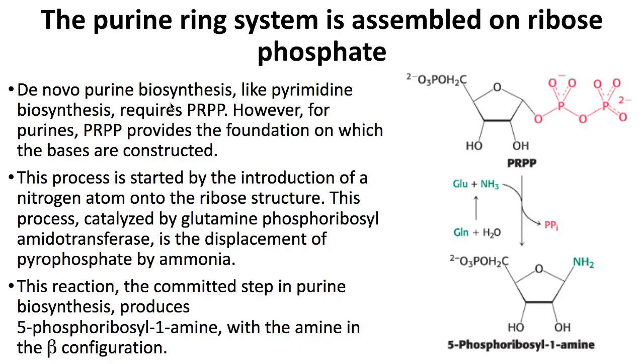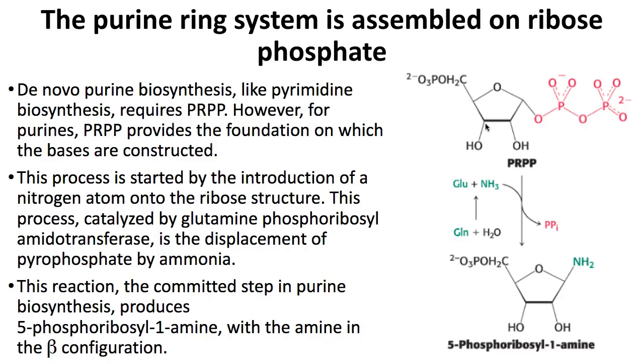So with the de novo purine biosynthesis, like pyrimidine biosynthesis, it requires that PRPP, so that activated sugar by having that pyrophosphate group that is attached to the sugar. However, for purines, PRPP provides the foundation on which the base is constructed.